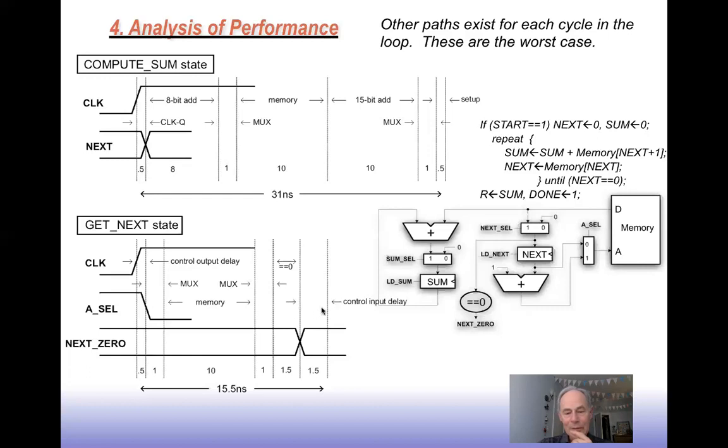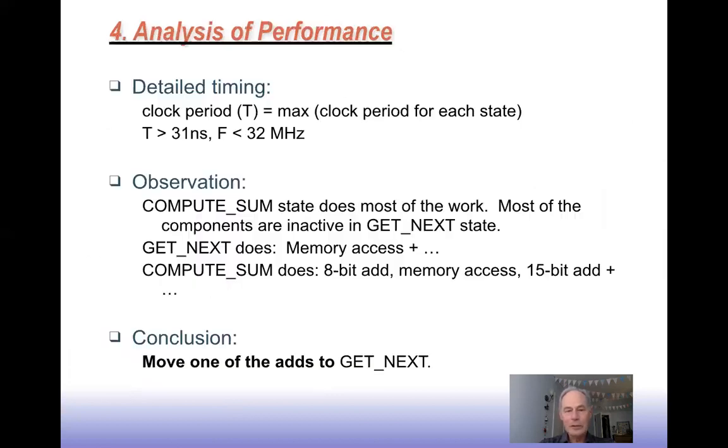So we got that 1.5 nanoseconds here. Okay, so here's the minimal period for this action for the second clock cycle, and that's 15.5 nanoseconds. And you can see there's kind of an imbalance here. Okay, so that's the timing analysis for this implementation.